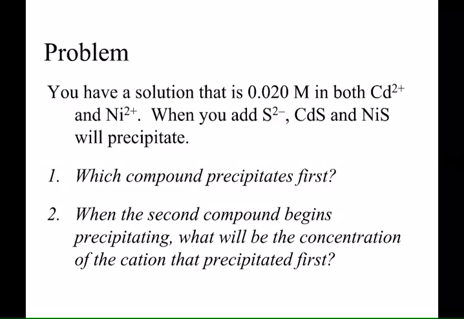We have nickel 2 aqueous, and we have cadmium 2. Actually, we don't call it cadmium 2 because it's always a +2. Anyway, we're going to drip in sulfide. I don't care what the spectator cation is, but I'm sure there is one.